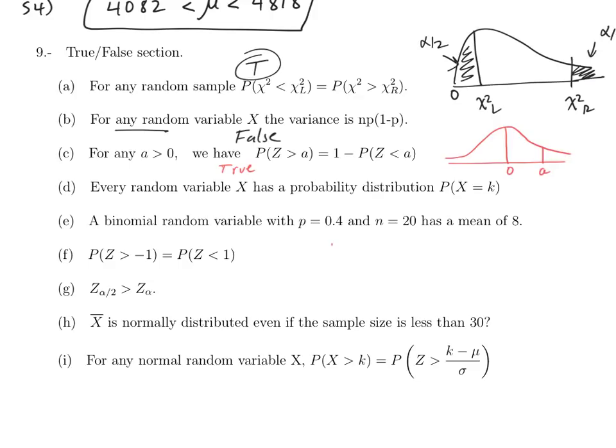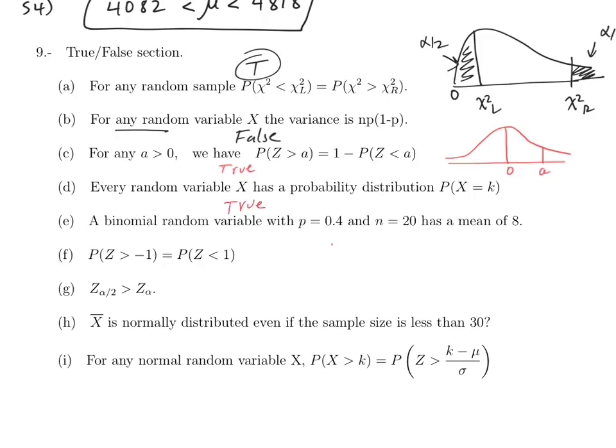Now, part D, every random variable has a probability distribution. And the reason why this is true is because that's the definition. You cannot have a random variable without a probability distribution.